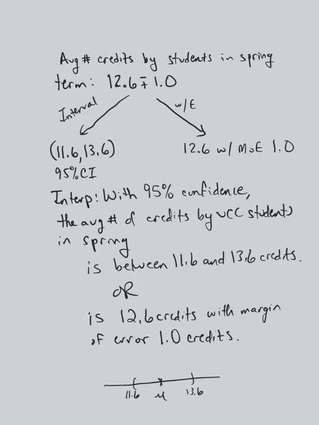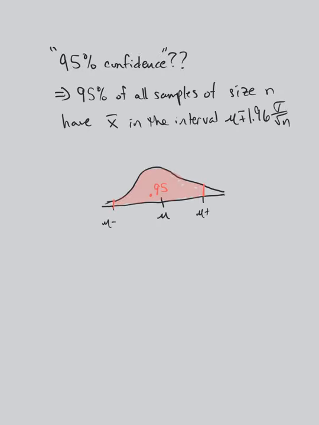All right, let's talk about what that 95% confidence says. So yeah, we're talking about 95% confidence, and so what the heck does that mean? What we need to do is go back to those basic notions at the beginning of the video. We have to go back to this notion that 95% of all samples of size n have x bar falling in this interval. This is where we got started, right?